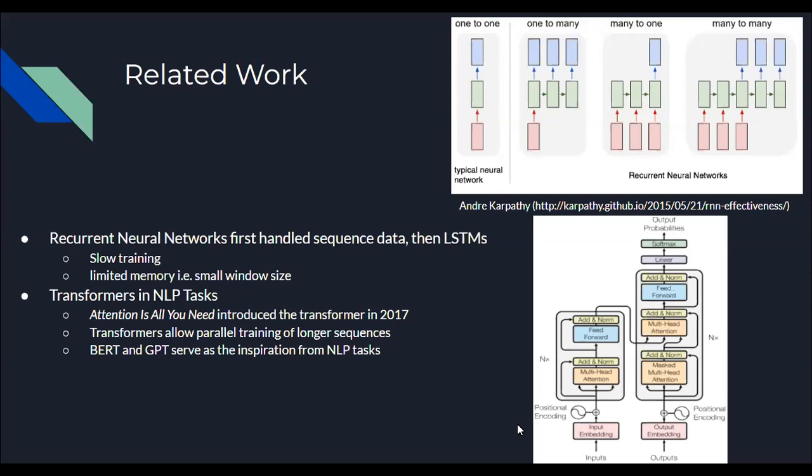So that's one related network used in computer vision today. Below is just an example of the transformer architecture where we could take multiple inputs in the input embedding here and process multiple outputs.